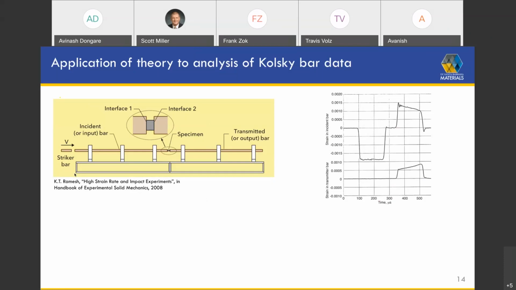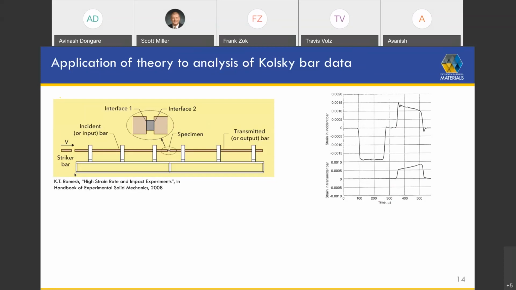The other thing you can do, and this was actually, I think, in response to Michael's question, you can think about redesigning the bar so the dispersion effects are reduced. These dispersion effects depend on some characteristic dimension. Usually for a Kolsky bar test, it's the diameter of the rod.